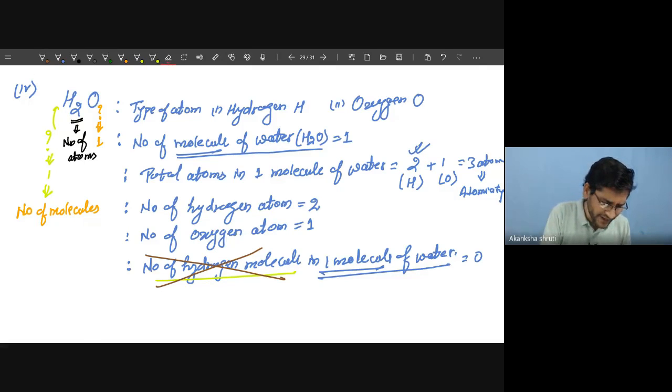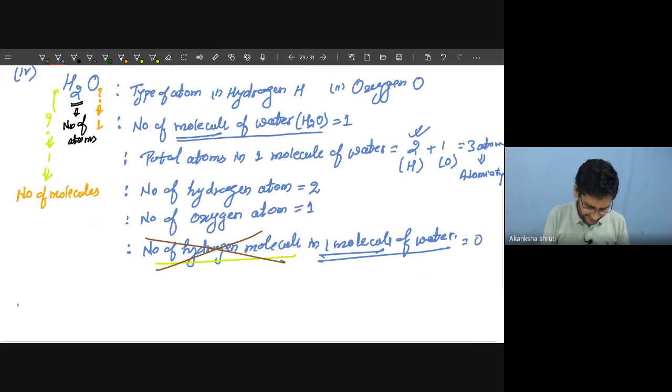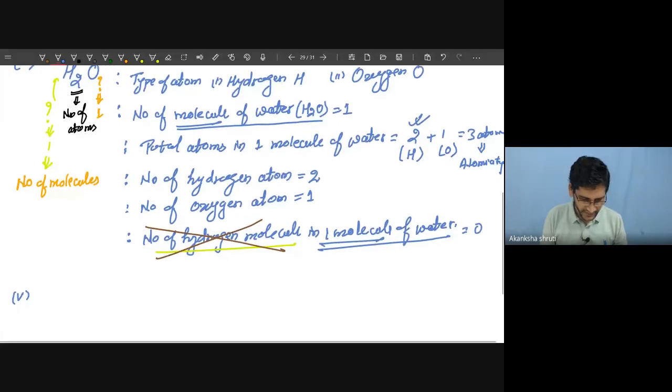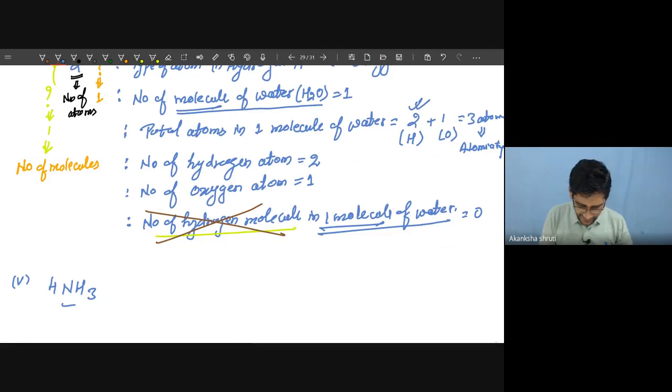Student, by the way, if the question is like this, say the 5th one, for NH3, NH3 is called ammonia. This is the formula of ammonia. Like water, ammonia is also a compound.